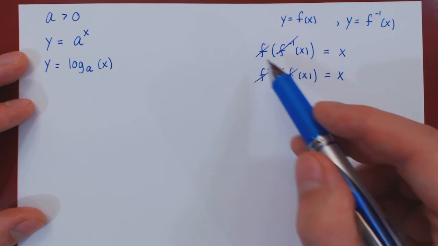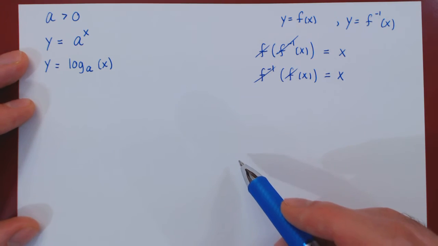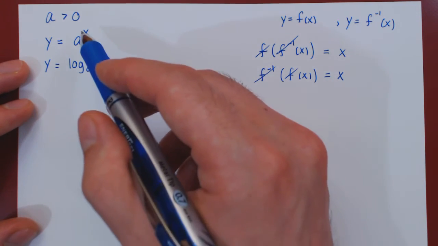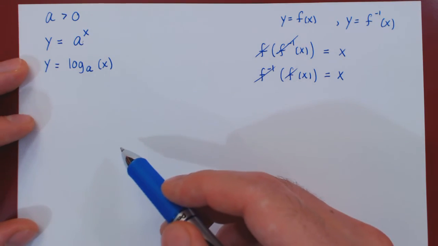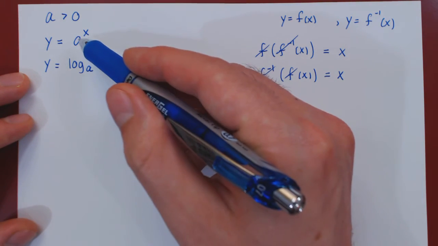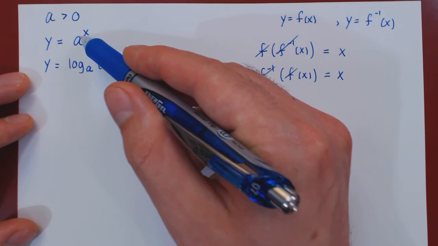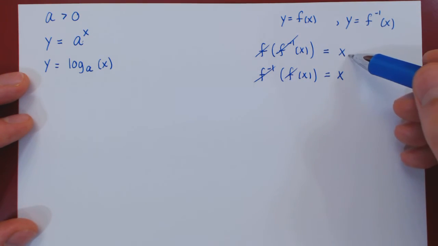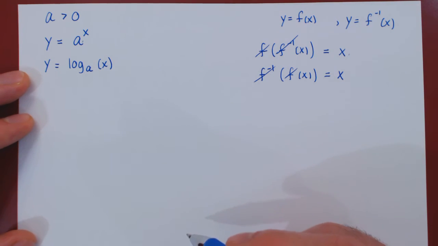They cancel each other out via composition. So if we go back now in the special case of the logarithmic function base a and the exponential function base a, this means that if we compose these two functions in either order, the result will cancel and return the original argument.